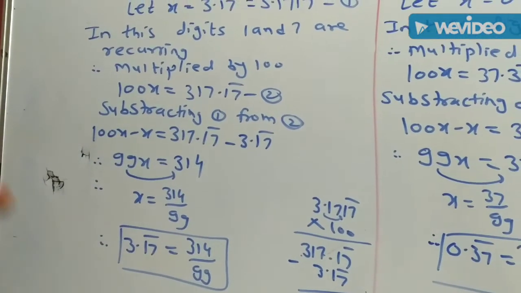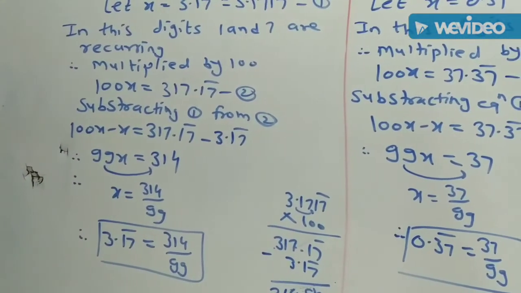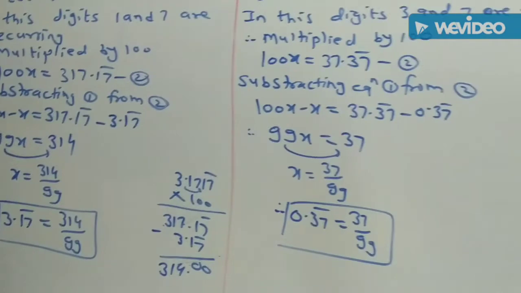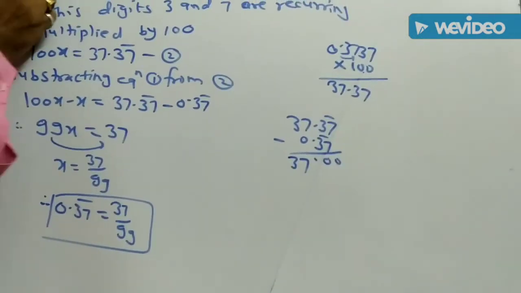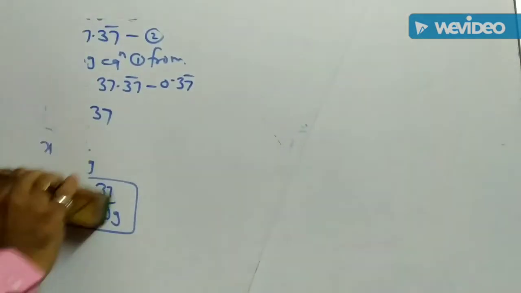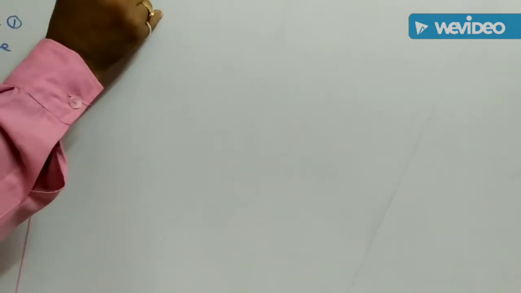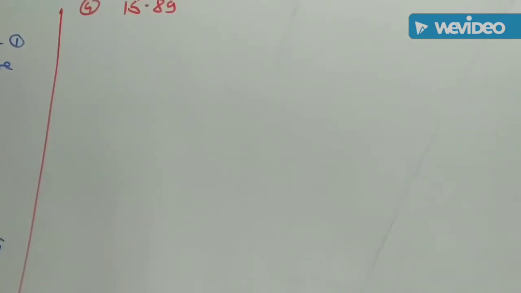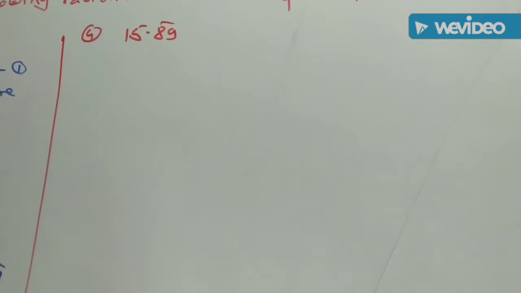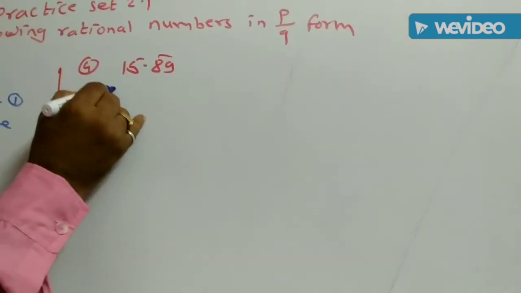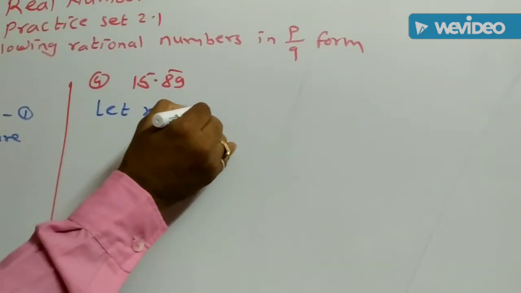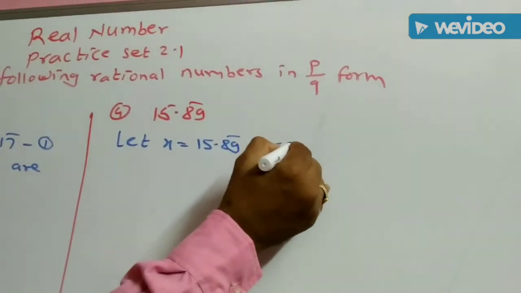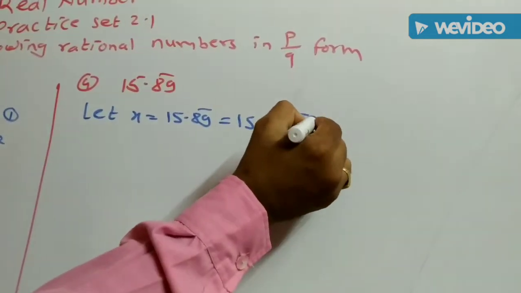Next, the fourth example is given, 15.89 bar. Therefore again we consider let x is equal to 15.89 bar. Again it can be written as 15.8989 bar, equation number 1.